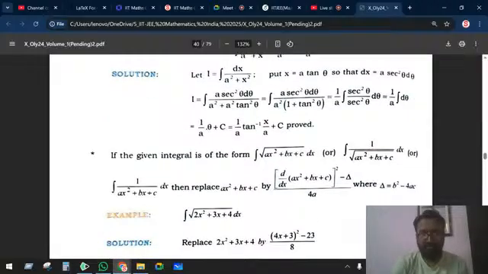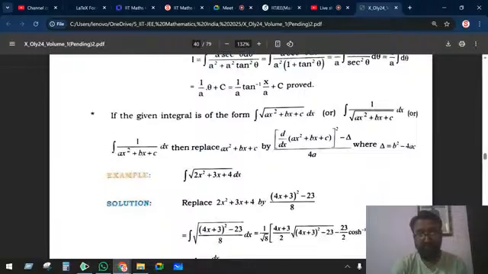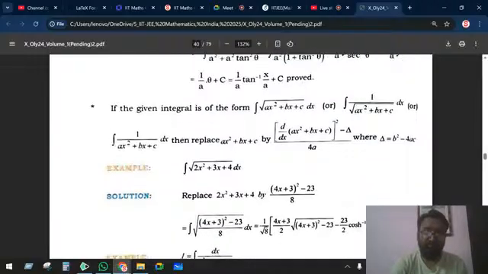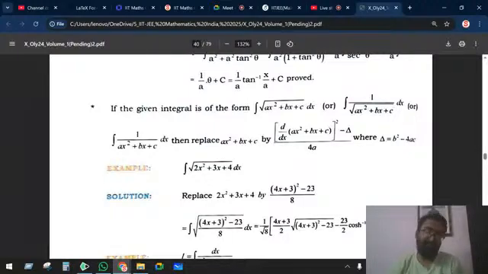And next, this is another case, the denominator is under the square root, try to make it a square. It is becoming a tough job to understand. Integral of 1 under root of ax square plus bx plus c. So he totally replaced this ax square plus bx plus c by the derivative whole square by 4a minus delta, where delta is equal to b square minus 4ac.